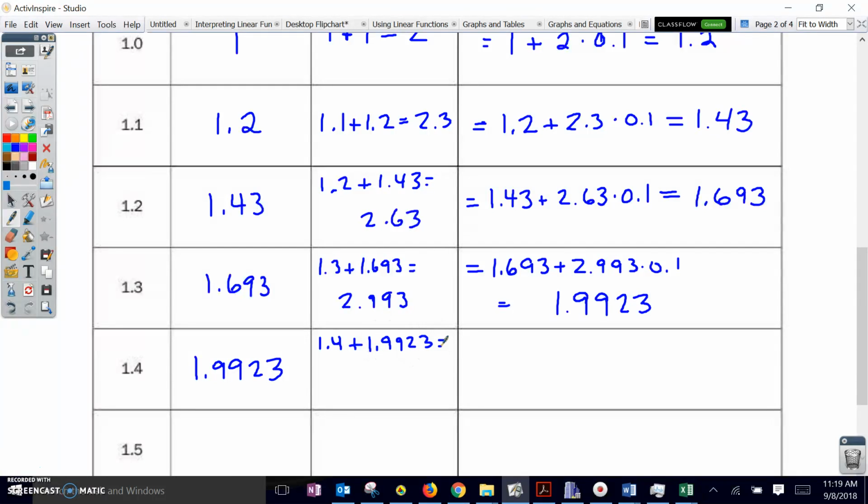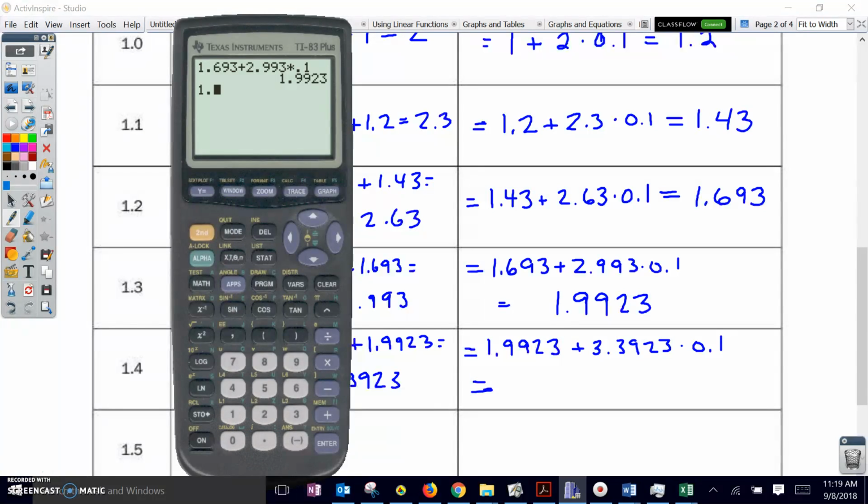Here. That's going to be 3.3923. And so I take my current y plus dy dx times 0.1. And go ahead and calculate that.